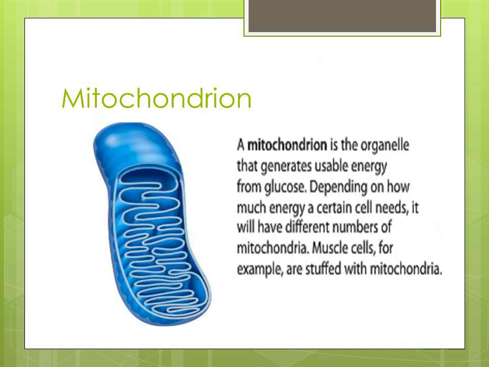The mitochondrion is the organelle that generates usable energy from glucose. You'll also see it called mitochondria. Depending on how much energy a cell needs, it will have different numbers of mitochondria. Muscle cells, for example, are stuffed with mitochondria because muscle cells need lots of energy.